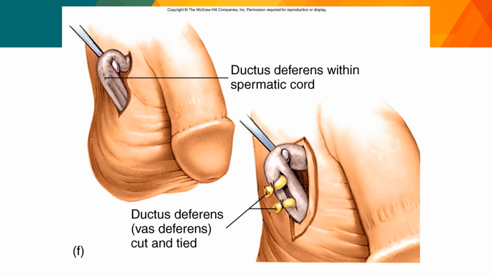You have the ductus deferens within the spermatic cord, and once they open the spermatic cord, the ductus deferens, or vas deferens, is cut and tied. Once this happens, the pathway of the sperm cell can no longer continue going to the penis.